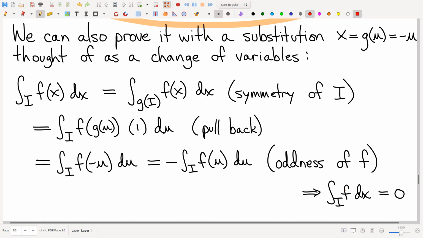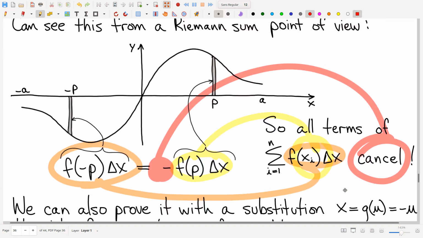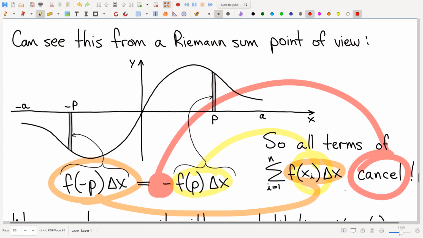It's a single variable change of variables. And if you just kind of write down this substitution, that x equals negative u, and just kind of follow it through, then what you find is that this integral is its own negative, and therefore it's 0. So this is a more algebraic approach, and maybe a little bit less visually satisfying. I find this a little bit more intuitively, viscerally satisfying.